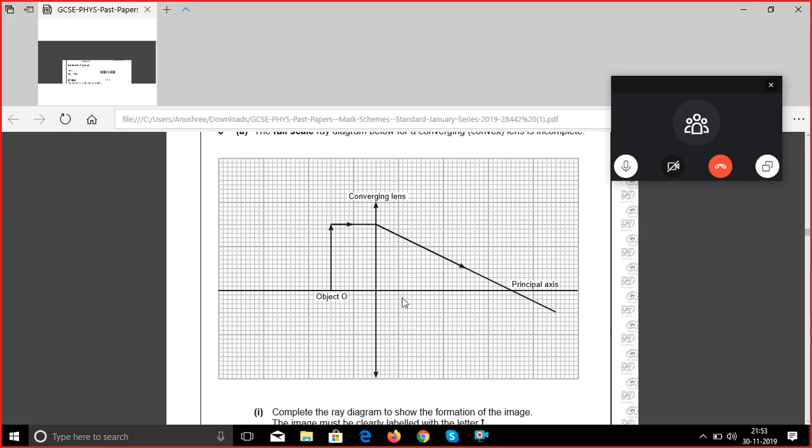This is your optical center, and you have to first locate the focus. The focus is where the ray and the principal axis cross. Yes, that's your focus. That means a lens has two focuses. If this is the distance on the right hand side, the same should be on the left hand side as well.